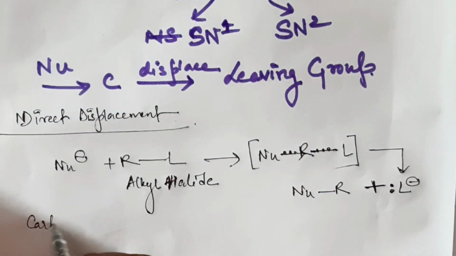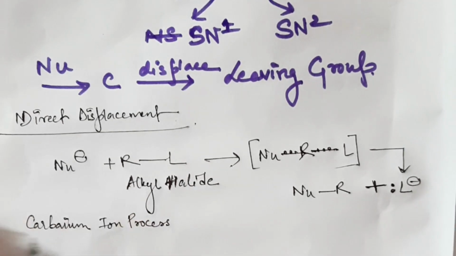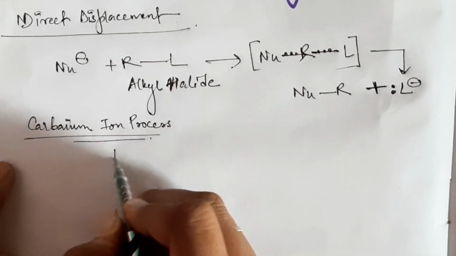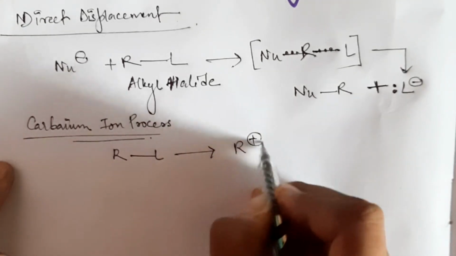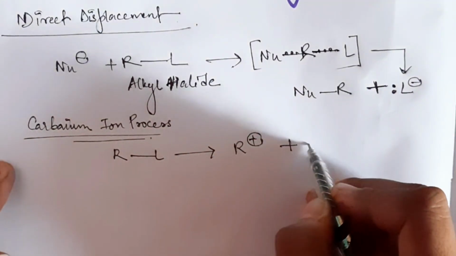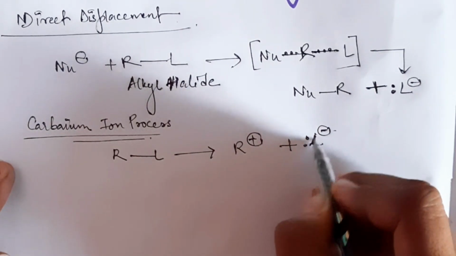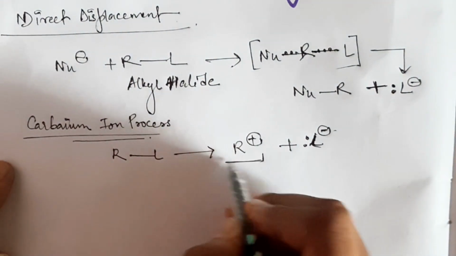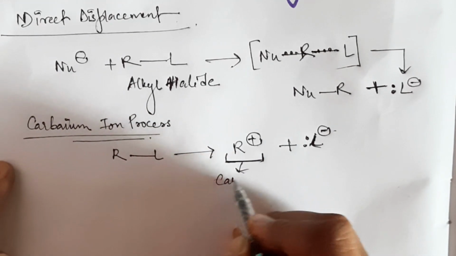And then you have the carbonium ion process. What is this? If you have an alkyl halide, it first breaks down into R plus and the leaving group, L minus. That means it breaks the bond in the first step and gives you a carbocation.